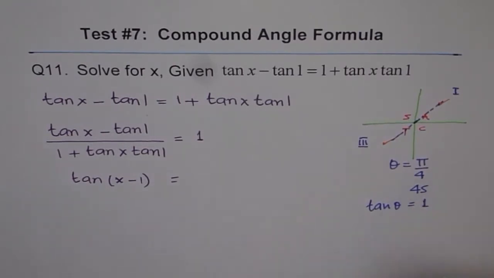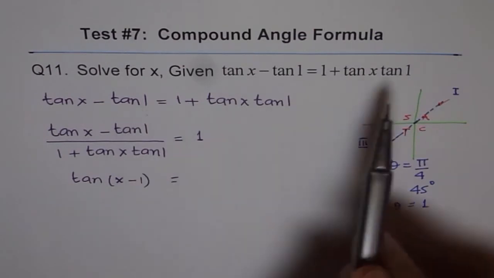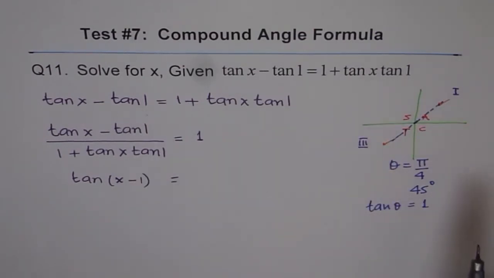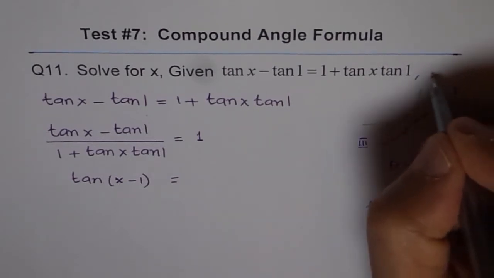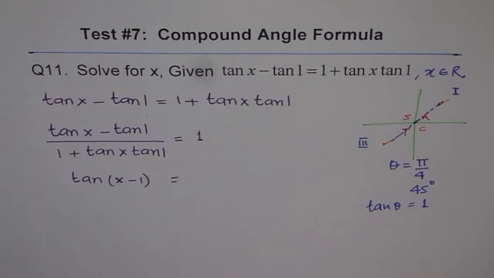Now, in this question, we are not given any domain, so the domain is not restricted. We should understand that the domain is x belongs to real numbers. If it is not specified, it is an open domain.